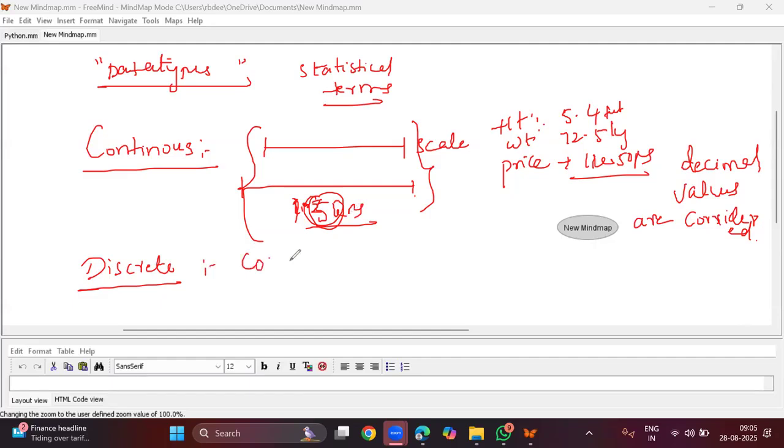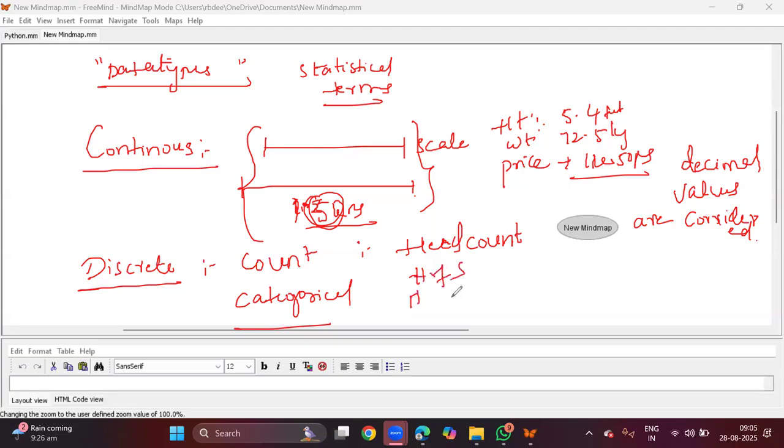Discrete means it is your count data, and we also call it categorical data. Count data means your head count. What is head count? Number of students, number of cars, number of kids, right?